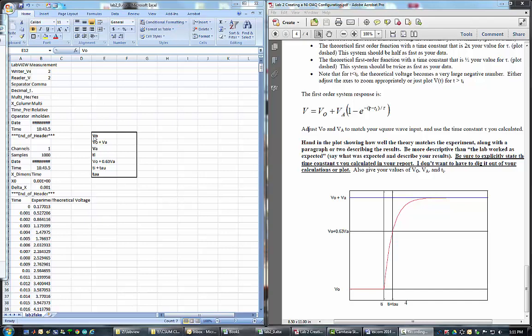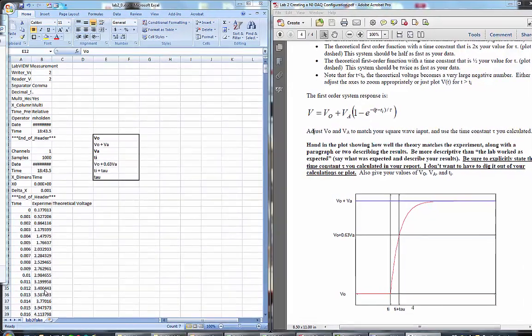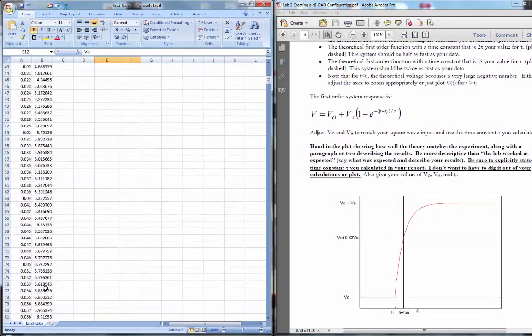So let's look at V0 here, the first number. This is the bottom asymptote that we've got in the graph right here. The easiest way to find this is to look through my data, either by graphing it or just by scrolling and looking for a voltage that's a constant, the small number that we're going to have a lot of. So I'm going to start scrolling down here until I see some small numbers.